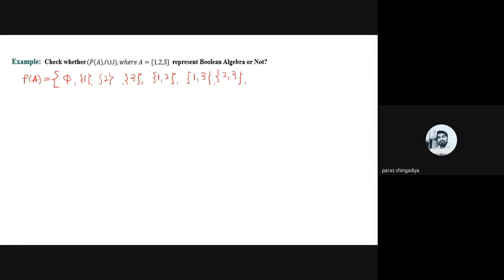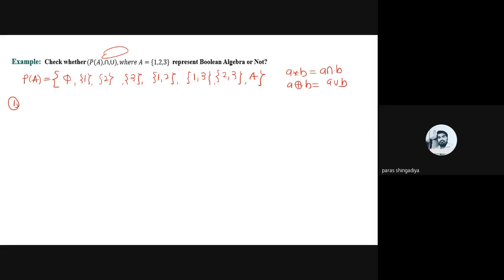Okay, and here it is a capital A, so it is known as P of A, and for any elements A, B belonging to P of A, A star B is equal to A intersection B, and A ring sum B is equal to A union B. Okay, the relations are intersection and union, A intersection B and A union B. Clear? So first we'll prove whether it is a lattice or not.